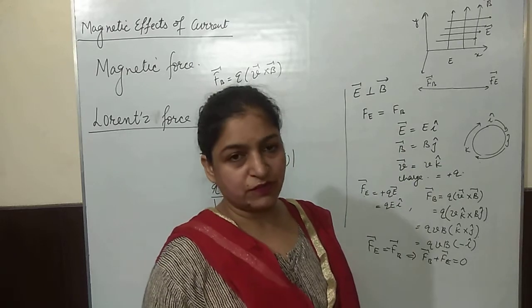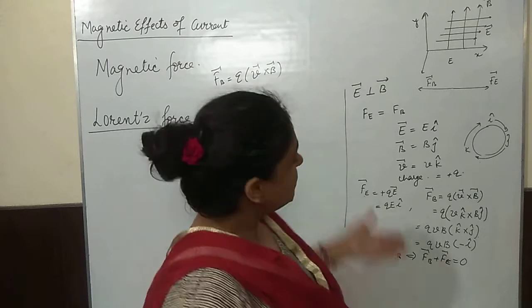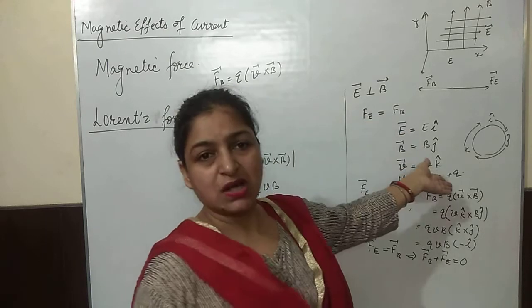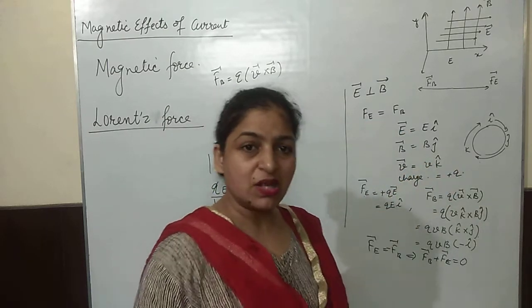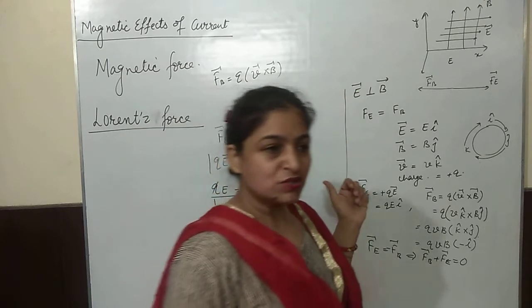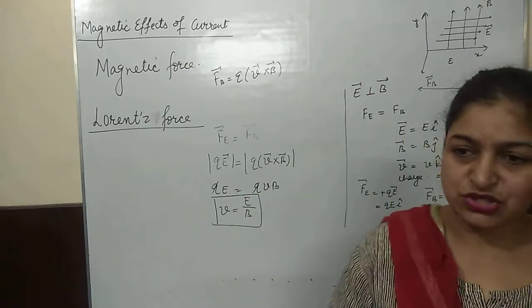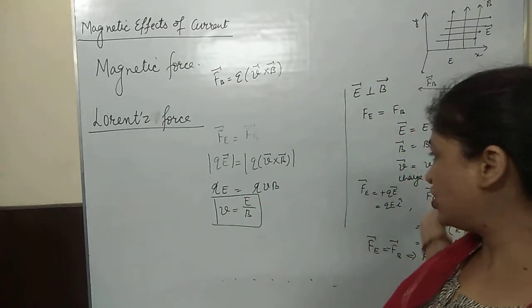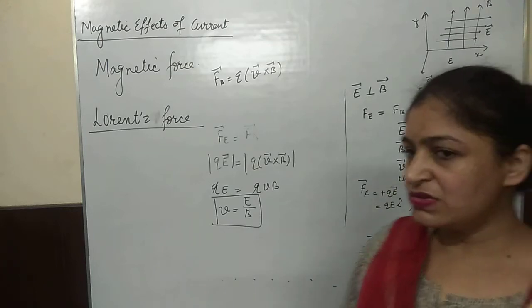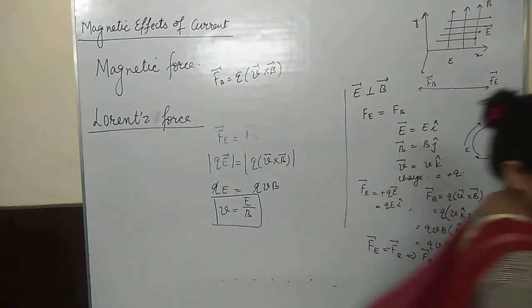You may be given fields that are not perpendicular, in some other directions also. In that case, you can use Cartesian coordinates if x, y, z is given, and solve the situation to find the result. Any situation may be asked, and you are supposed to solve it using all the conditions and all the formulas, whatever is asked in the question.